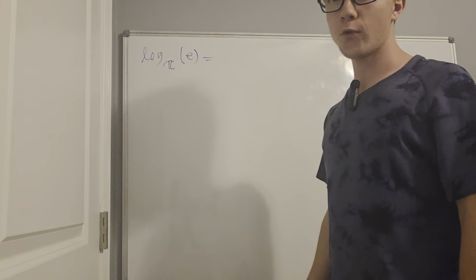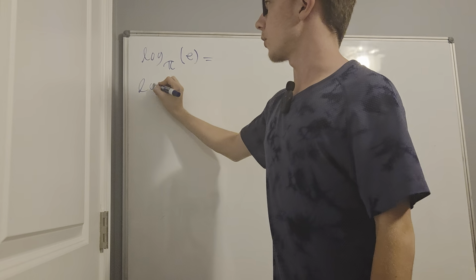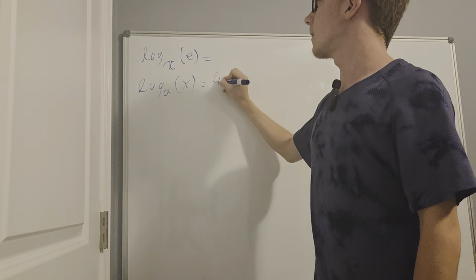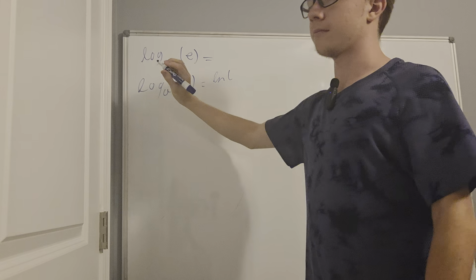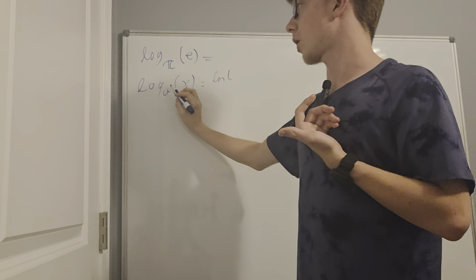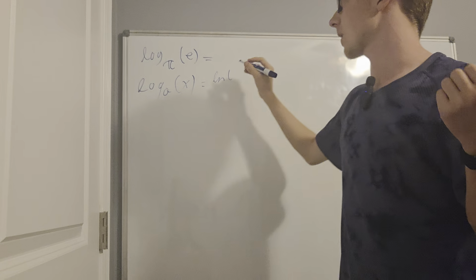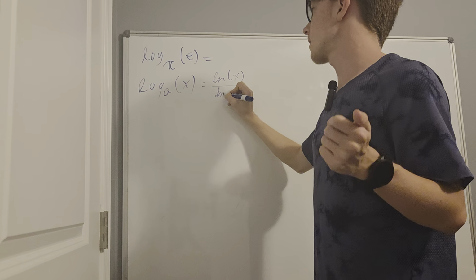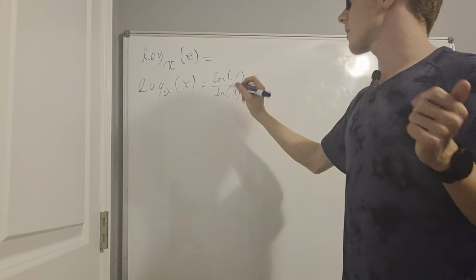Well, there's a formula we can use for this, which is the change of base formula, which looks like this. The log base a of x, where a is normally a constant, is just going to equal the natural log of x, whatever the input is, over the natural log of a, the base.